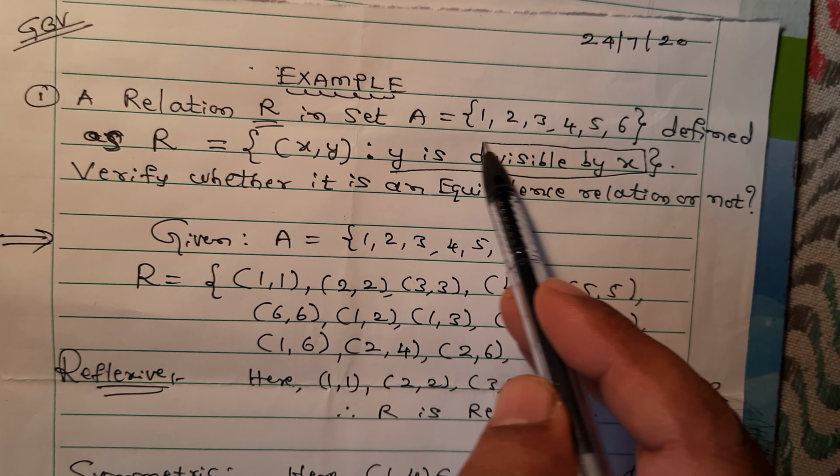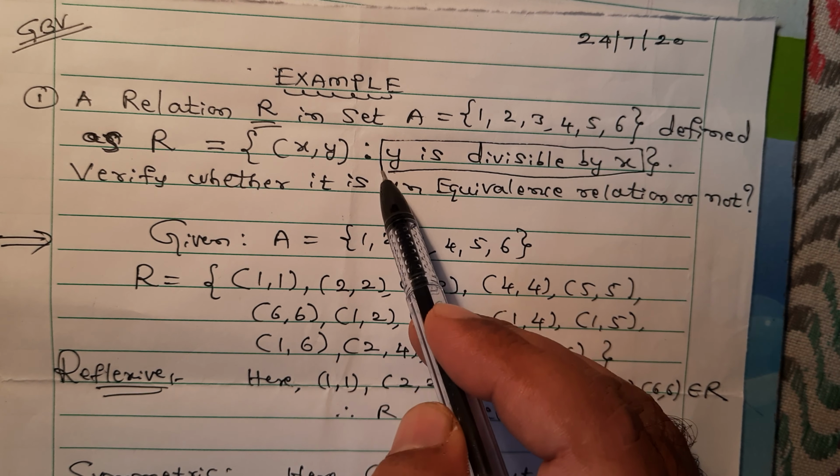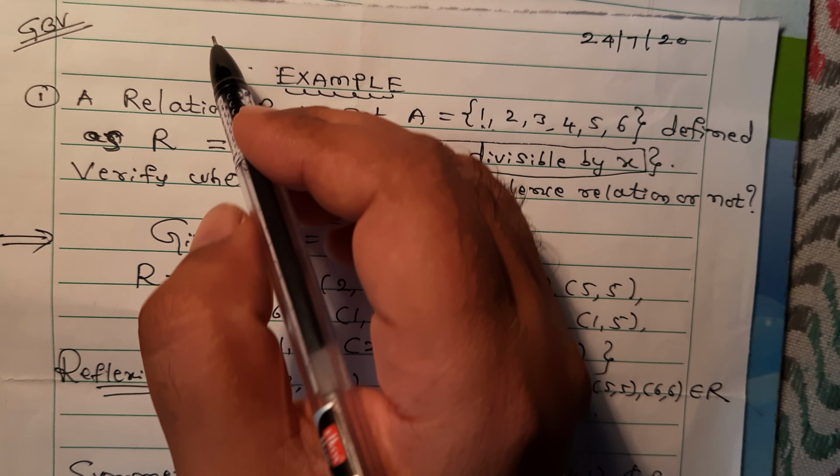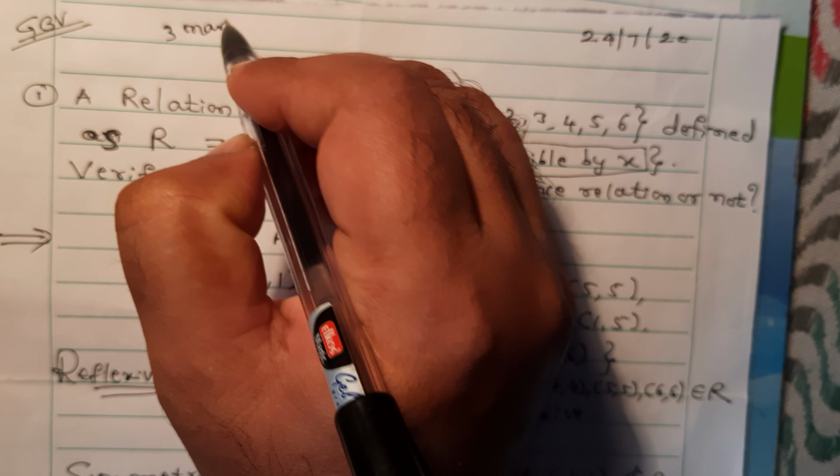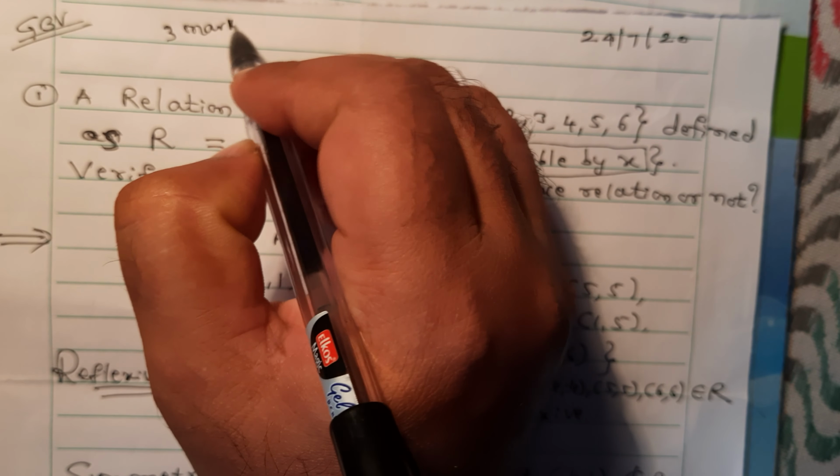Y is divisible by x. This is the rule. Once again, the relation is given in rule method and a finite set is given, 1, 2, 3, 4, 5, 6. Verify whether it is an equivalence relation or not. So it will be a question of 3 marks. Very important question. Maybe we can expect such questions in part C.